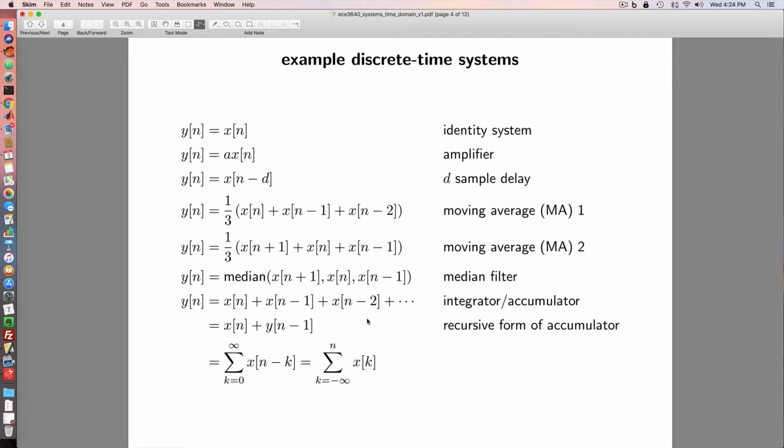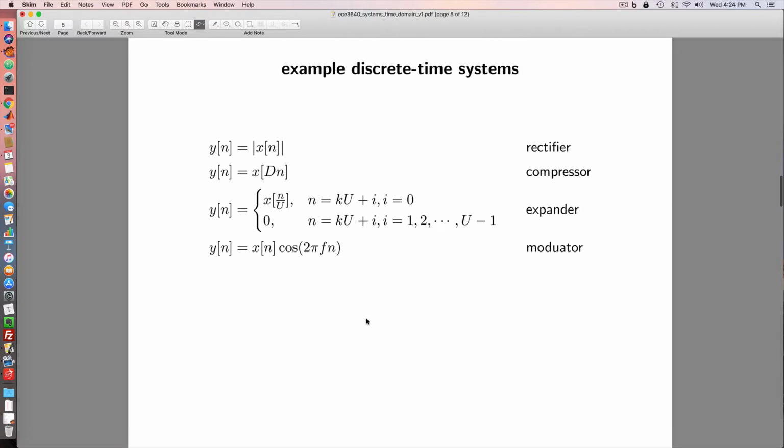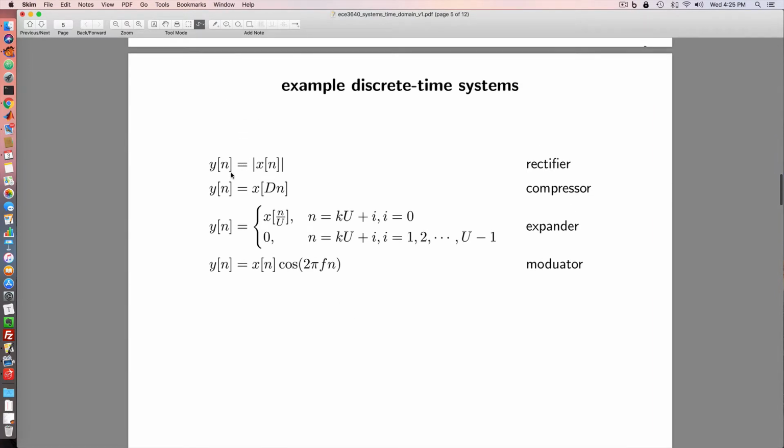Let's move on to a few other examples. Here, this next example is called a rectifier because it takes the absolute value of the input and sends that to the output. The next example is called a compressor. It selects one out of every d samples and passes it to the output, throws the others away, and so that compresses the signal.